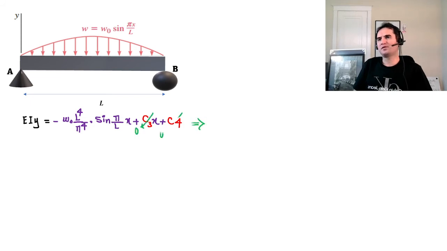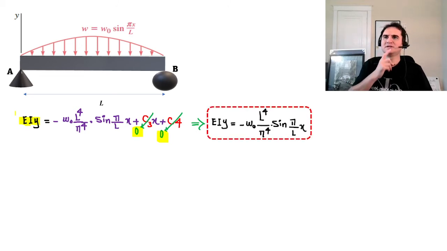So if we write down the elastic curve equation and rearrange it, it gives us EI times the delta. It's a negative w naught L to the power of 4 over pi to the power of 4 sine pi over L x.